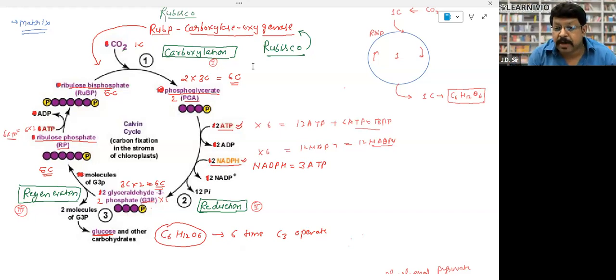I have a question. Which is the primary acceptor of carbon dioxide? Which is the first acceptor of carbon dioxide in the Calvin cycle? Tell me, who is receiving carbon dioxide over here?